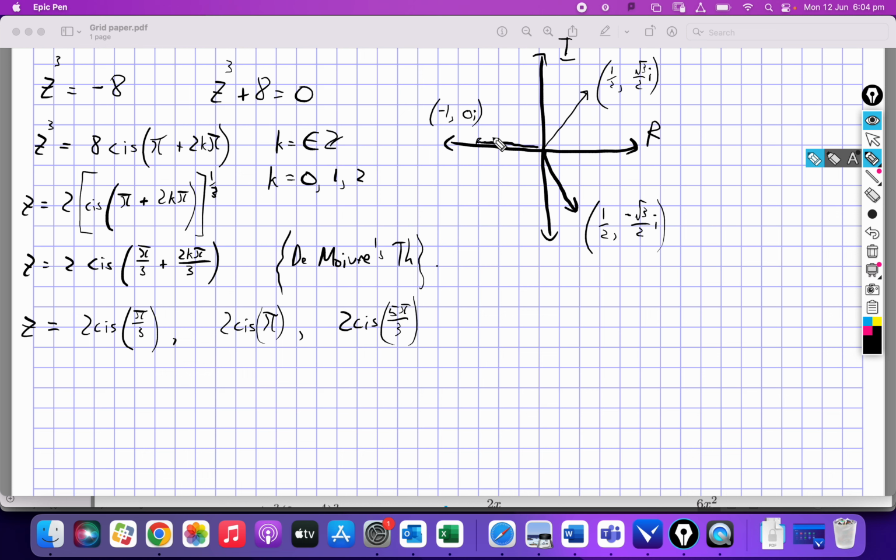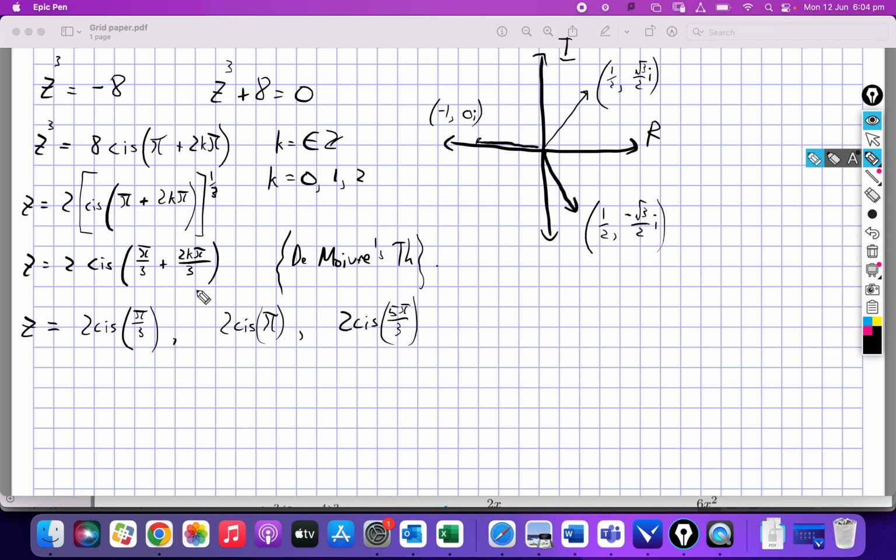They're all rotating, if you will, as you go around by multiples of 2 pi on 3. You can see it in the equation I've got over here.